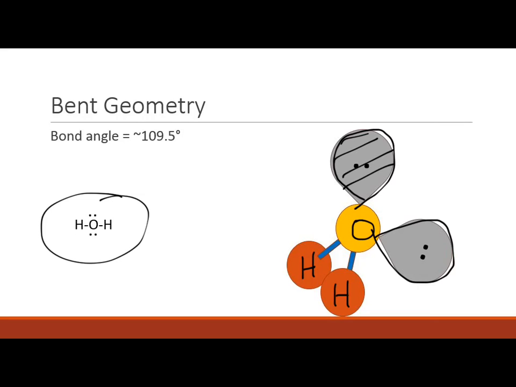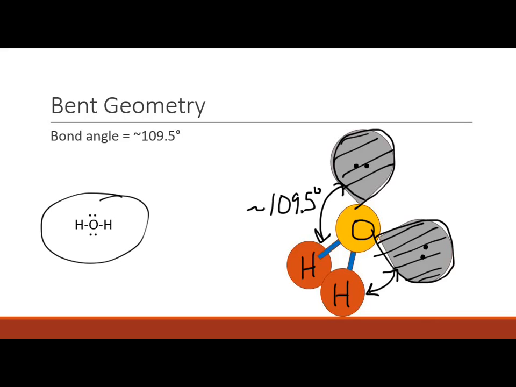You can't see them, but they still take up space, and so they still force these hydrogens away from the lone pairs. The bond angle in this case I think is about 104.7, a little less than 109.5, due to the squeezing effect of those lone pairs up there.